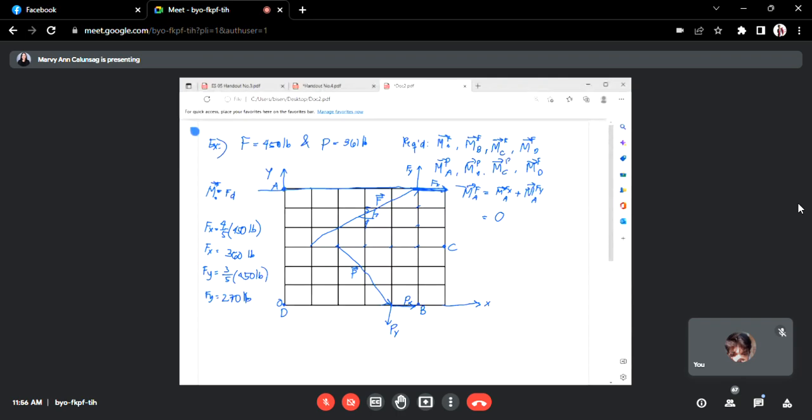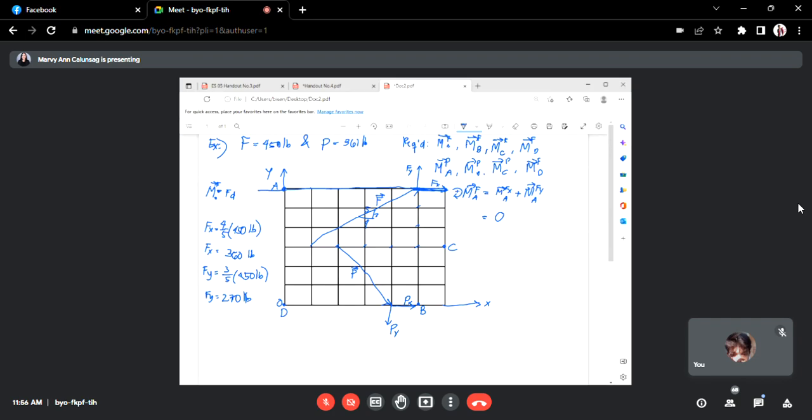Here is Fy. We will consider clockwise rotation as positive.